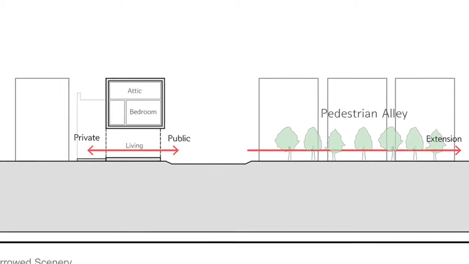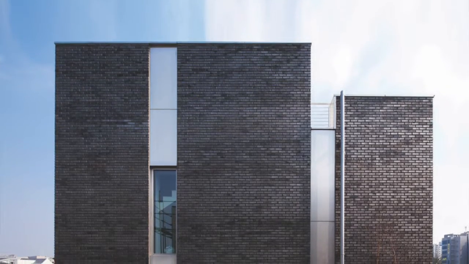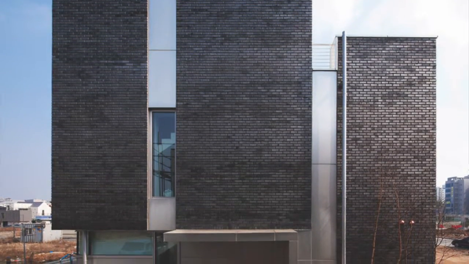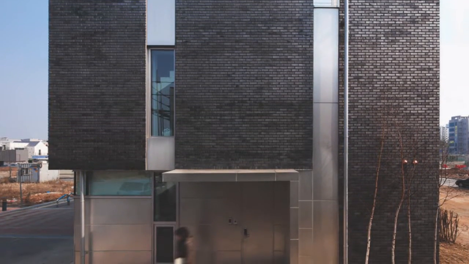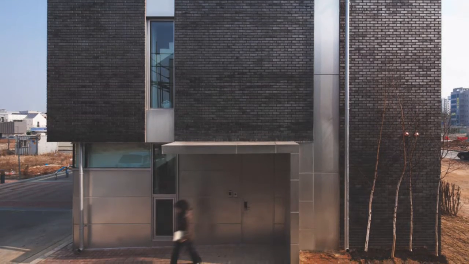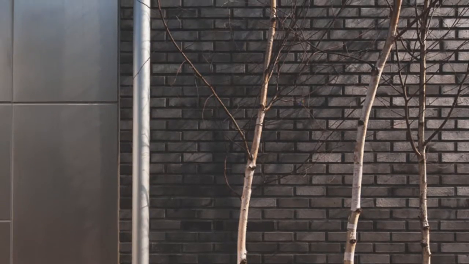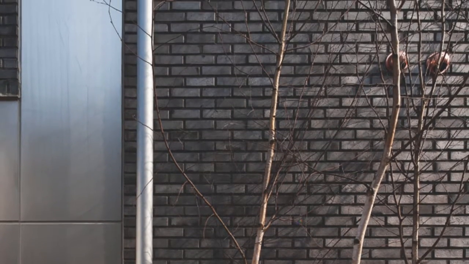Now, the third objective of this project was to provide an architecturally logical solution in a fairly new town of Pankyo. ISM differentiated public side from the private side. On the public side of the building, S-panels were articulated in dark brick massing. Dark bricks were used in the nearby historical citadel of Suwon.